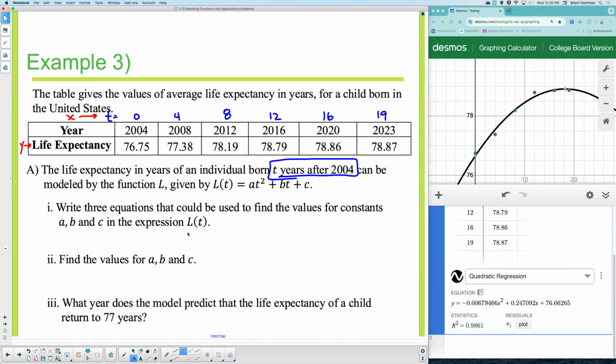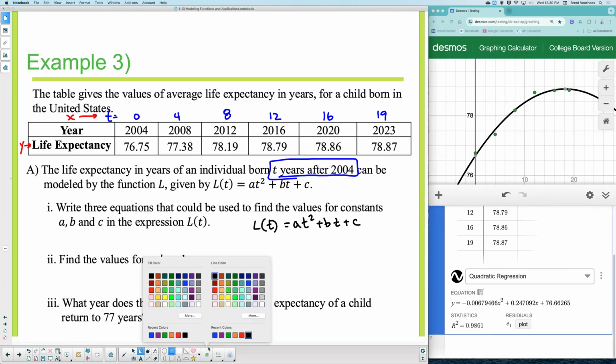Let's fill it in. First, we have to write 3 equations. So the equation they gave us is L of t equals at squared plus bt plus c. So our first point, you don't actually use the calculator, you just plug in. Are y'all okay if I just use the first 3 points? Okay, I'm going to select these first 3 points.